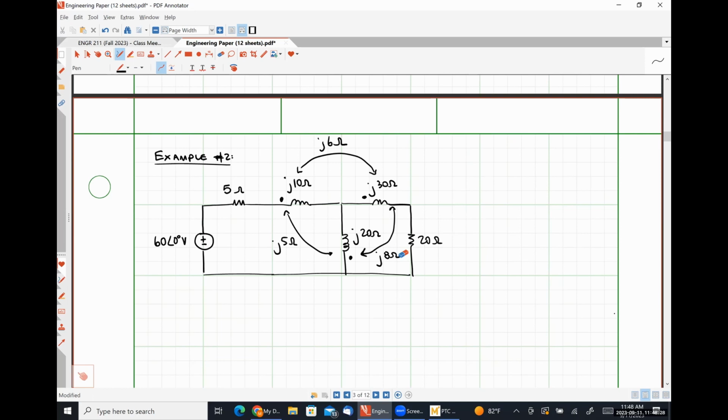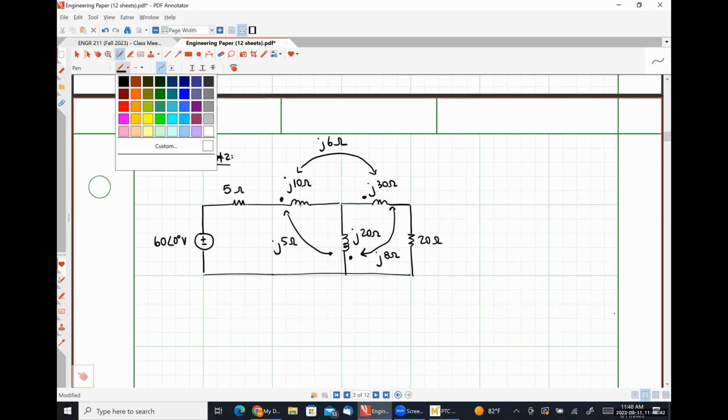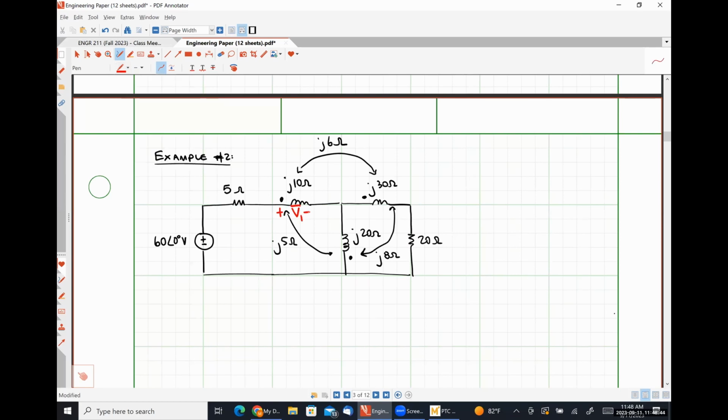So Grayson, tell me, what should my positive polarity be? So let's call this V1. Justin, what should positive polarity be on top or bottom for coil 2? Bottom, okay.